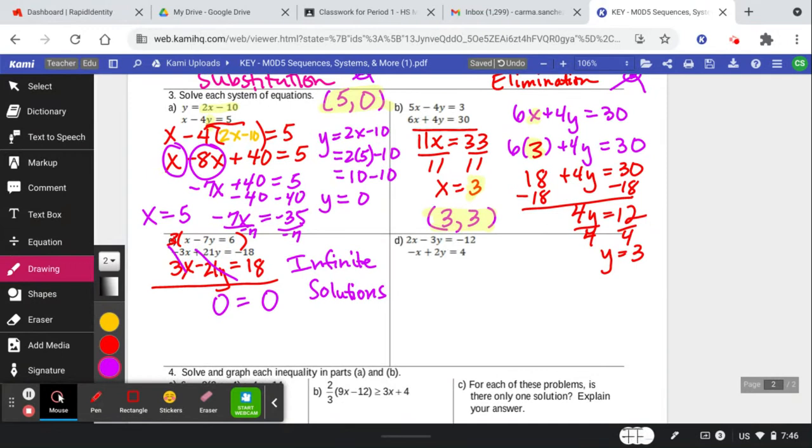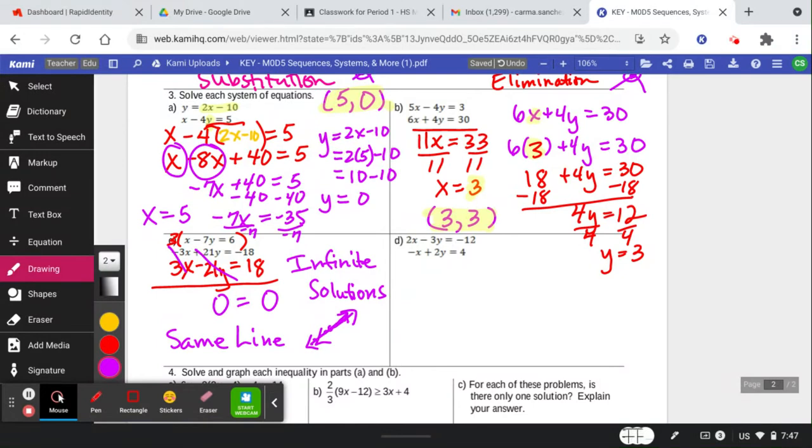It literally means that the two lines are the exact same line. Like if I graphed those, I'd graph one line and then graph the other, and they would be right on top of each other. And so that means that every single point is the same because they're literally the same lines. So if you get a statement like 0 equals 0, that means infinite solutions because they're the same line.